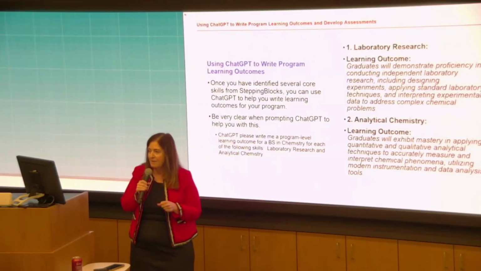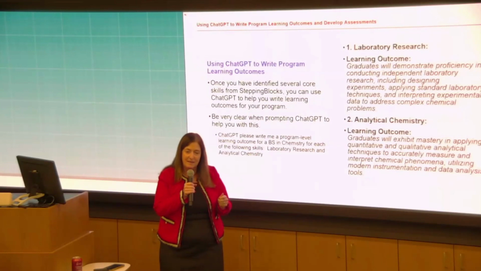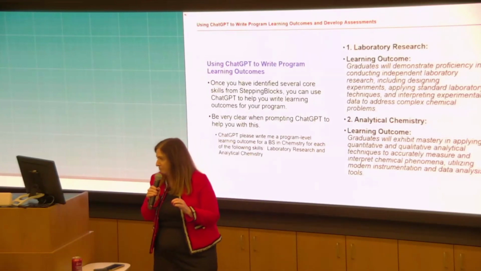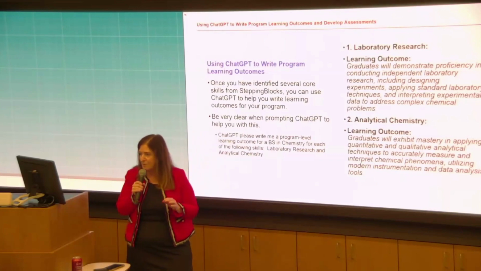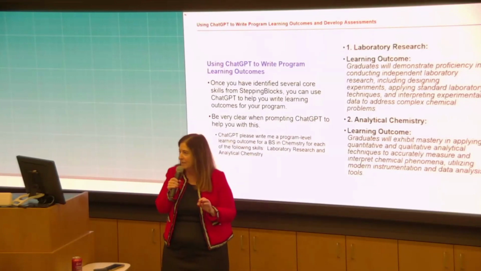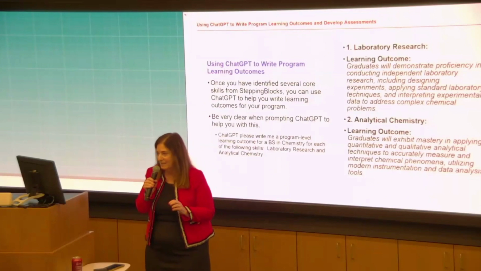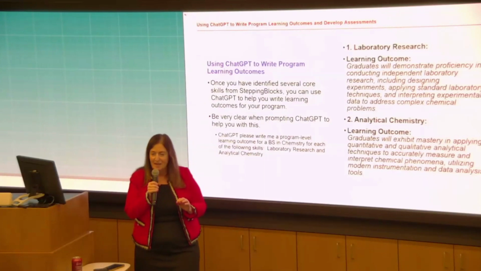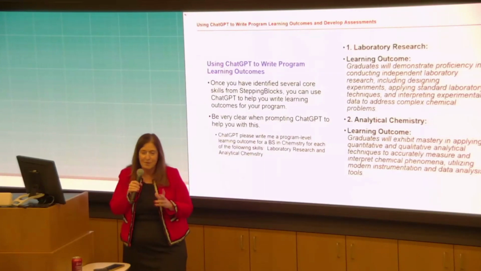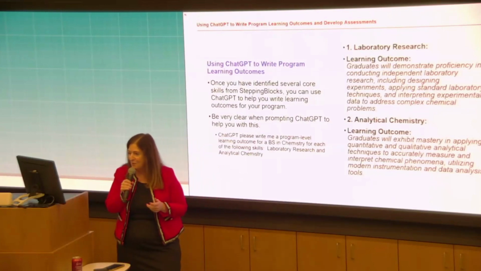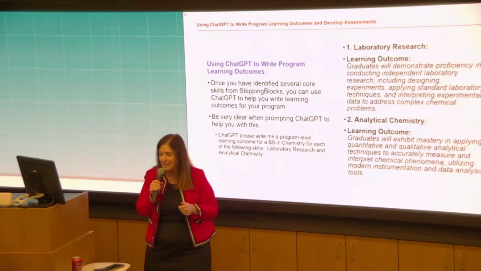So if I were to prompt ChatGPT for this particular task, I picked laboratory research and analytical chemistry, and I would be very specific. This is the exact prompt I gave ChatGPT. I said, ChatGPT, for some reason I always address it politely and thank it, please write me a program level learning outcome for a BS in chemistry.